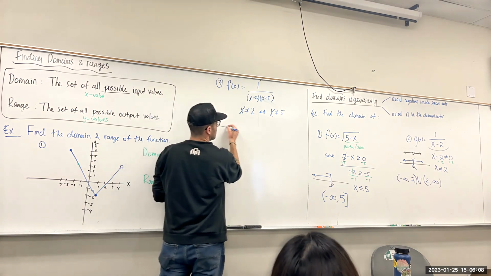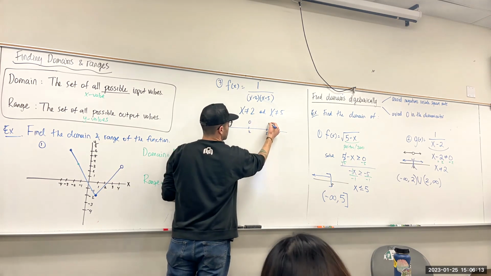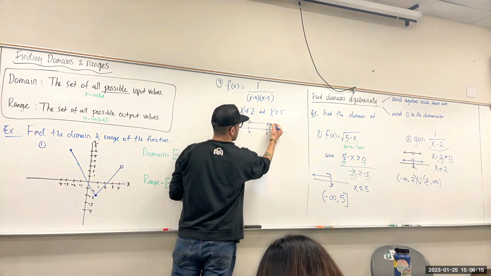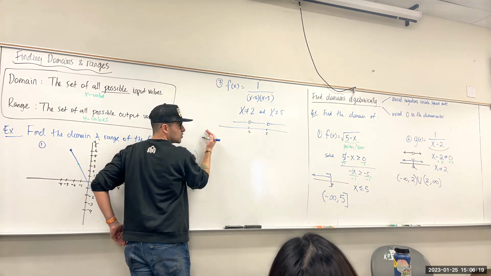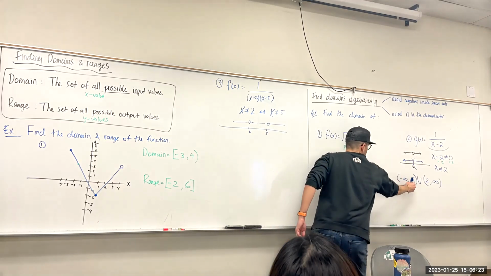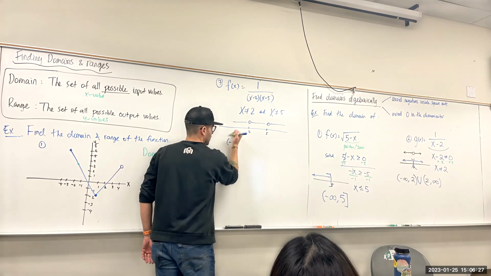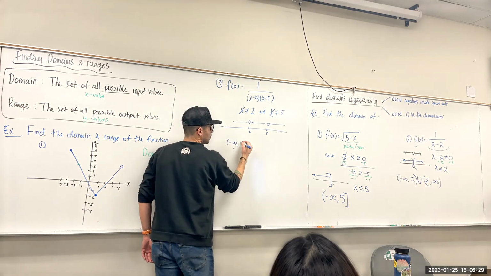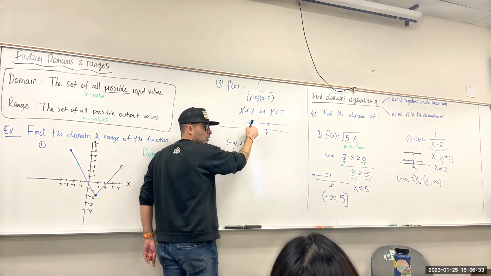So on a number line, here's 2, here's 5. You have these holes here that you don't want to include. So you're going to need an interval for everything less than 2. Just like this one, it would be negative infinity, well, we can't draw infinity, to 2. Everything in between 2 and 5 is good though.